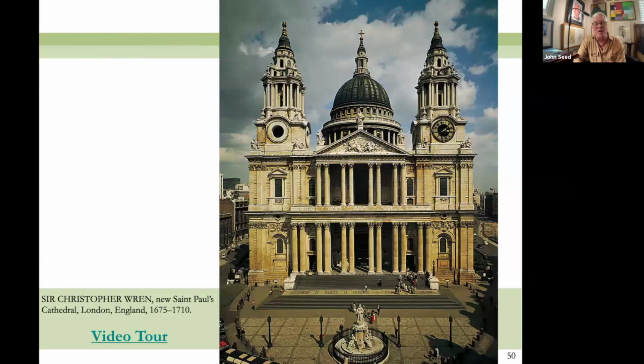And finally, really the greatest church of the 17th century, the new St. Paul's, designed by Sir Christopher Wren. And Sir Christopher Wren, I mean, what a story that guy has. He was a friend and a correspondent of Sir Isaac Newton. And he built this historic, incredible ringed dome.